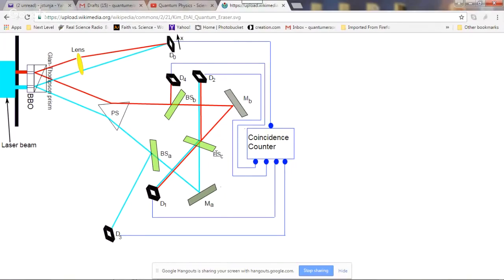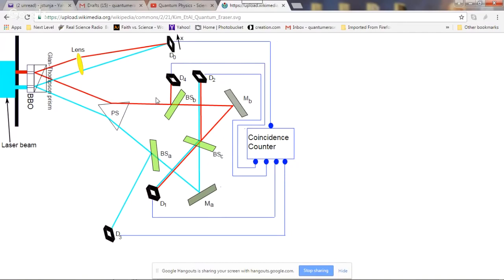So what happens in this experiment is quite amazing. Remember, we have no slit detectors over here. There's no way to know which slit it went through besides where the photon ends up. Like I said, if it hits D3, well, we know where it came from. It came out of B. Hit D4, it came out of A. Every single time that a photon hits D4 or D3, we get no interference.